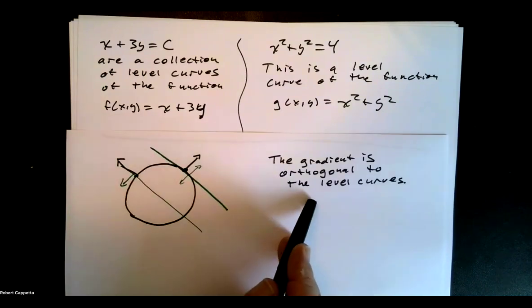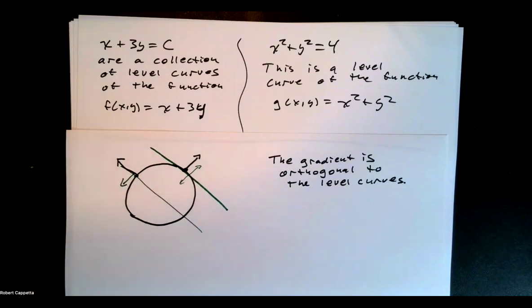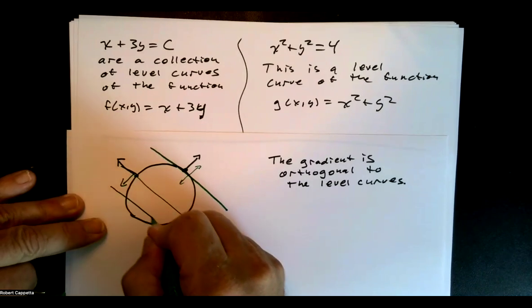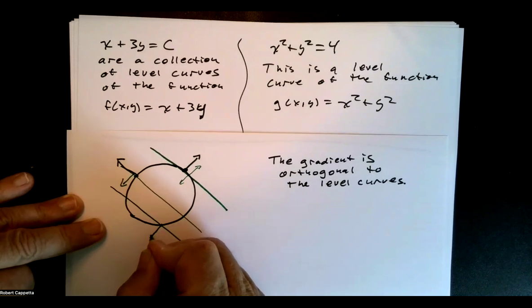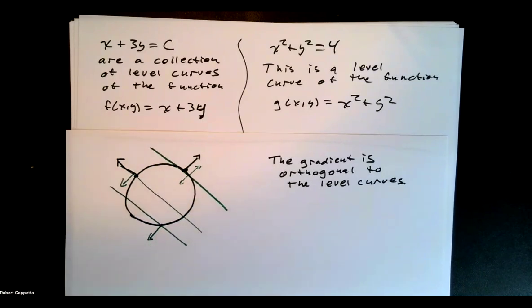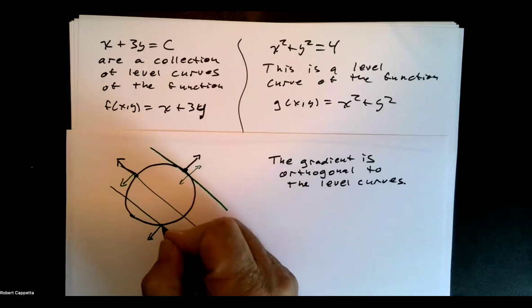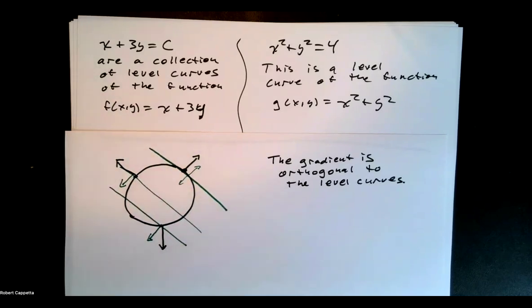The key idea is that the gradient is orthogonal to the level curves. So these green lines are level curves, and I'll draw one more in. The gradient may be going this way, so that's orthogonal to the green level curve there. The black circle is also a level curve of g, and the gradient may be pointing that way because it's orthogonal.